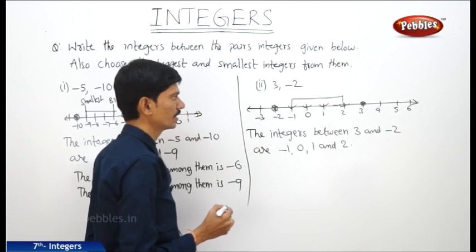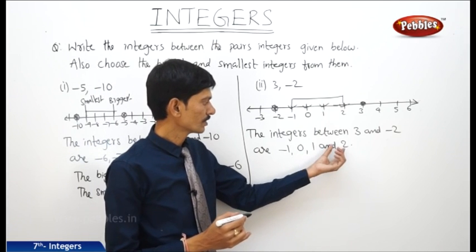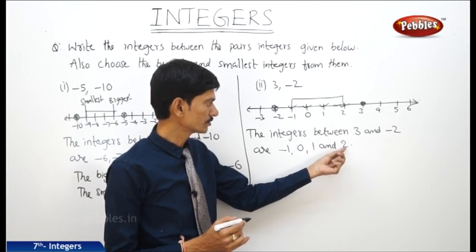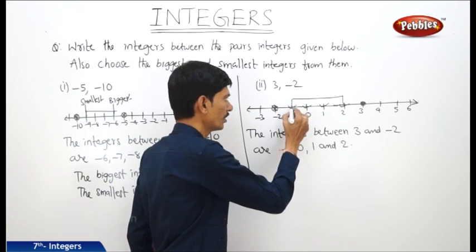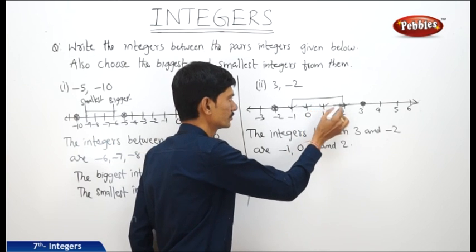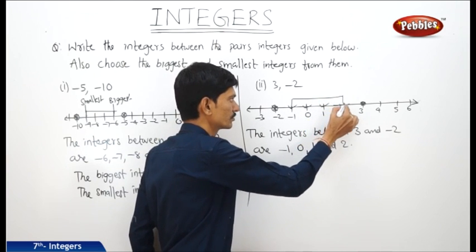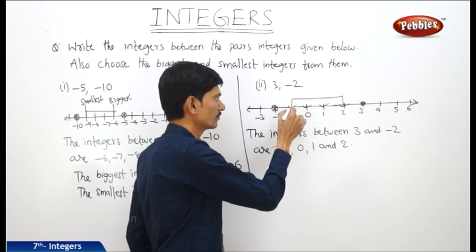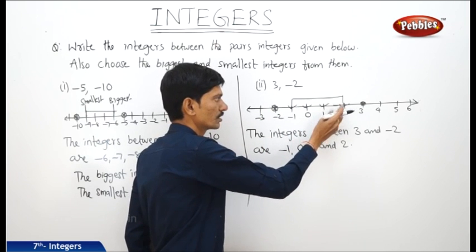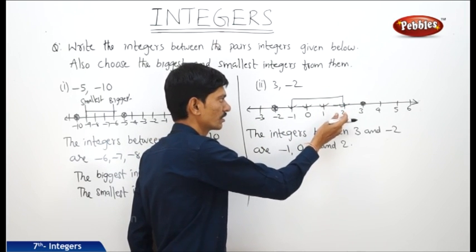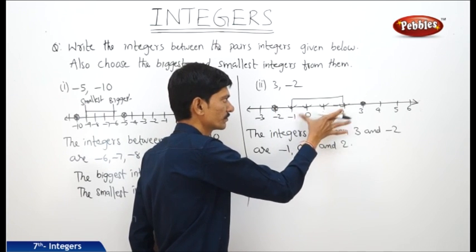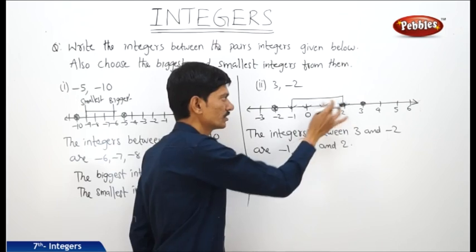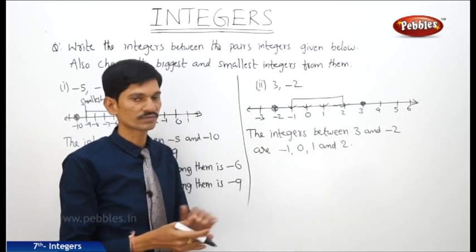Now what is the biggest integer from them? So from them the biggest integer is 2 and the smallest integer is -1. So among all these -1, 0, 1 and 2, the biggest integer is 2 and the smallest integer is -1, because here the integer 2 lies to the right of the integer -1. So in all these integers, 2 is the biggest one and -1 is the smallest one.